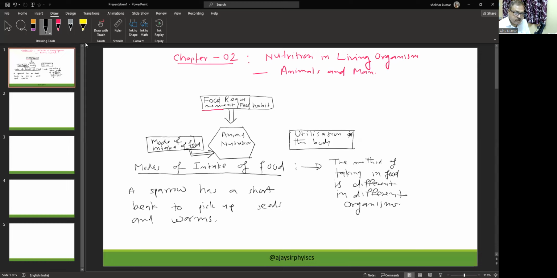So the sparrow has its own mode of intake of food with the help of a short beak, with which it picks up the seeds and worms and takes them inside its body.